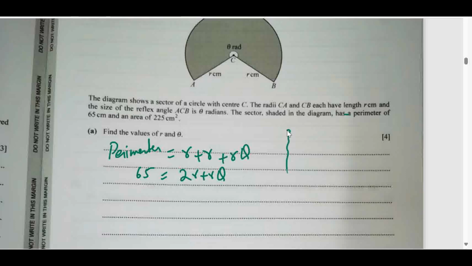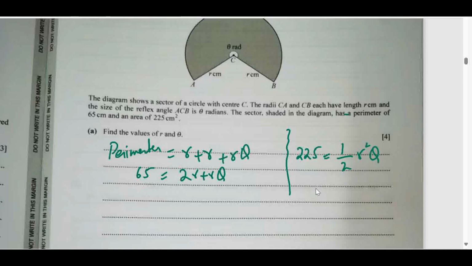Now we know the area of the shaded region. The area of this shape will be equals to 225 into 1/2 r square theta.